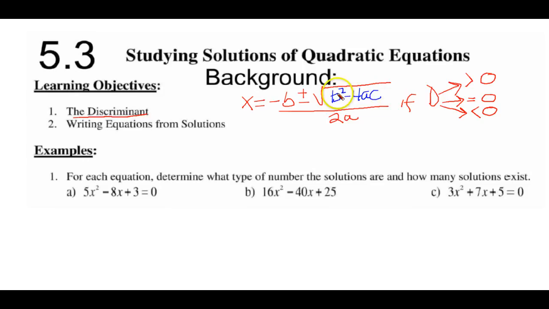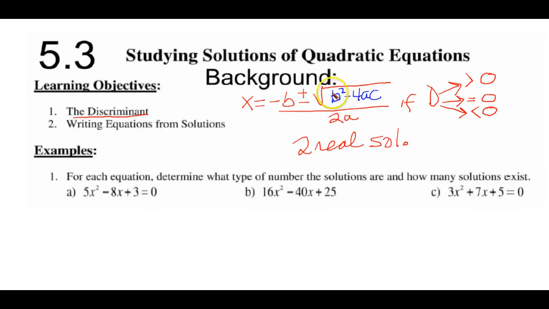Now, if this discriminant, as I have here, is greater than 0, we're going to end up with 2 real solutions, because it's plus or minus what's here.